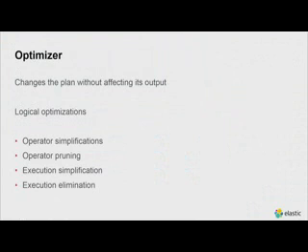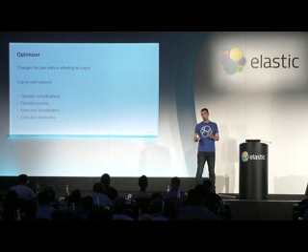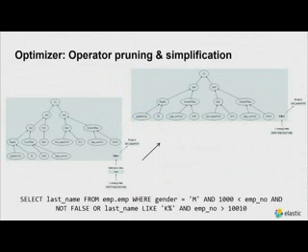Last, for the logical plan, we have the optimizer, which looks at the tree and tries to make things faster. This is kind of the secret sauce. We do a bunch of things: things which are logical, meaning they can apply to any other engine, but also things highly specific to Elasticsearch. To give you an example, the query that I wrote there is quite large, and if you pay a bit of attention, you'll see there are some things you can remove.